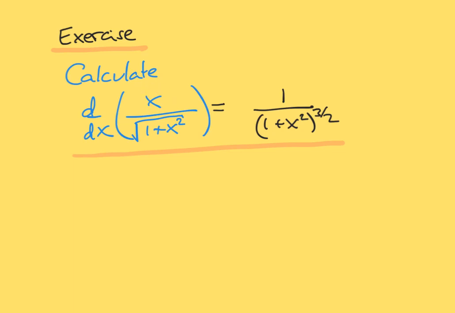So I view this as x multiplied by 1 plus x squared to the power of minus a half. And that's going to give you the sum of two terms. Again, put them on a common denominator, and you will see that there is a cancellation and it tidies up very nicely to that.